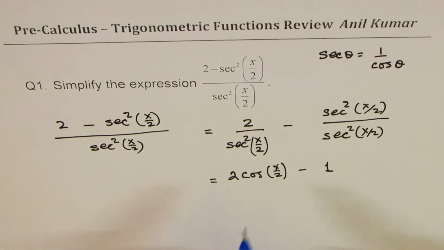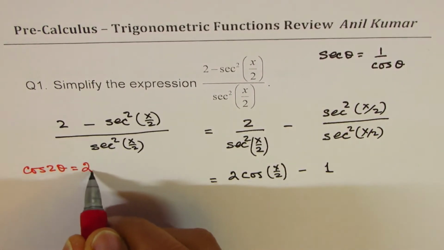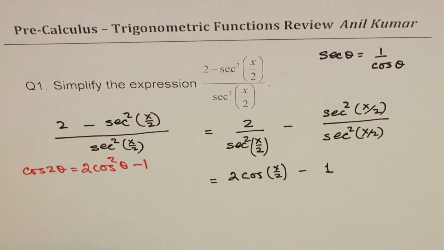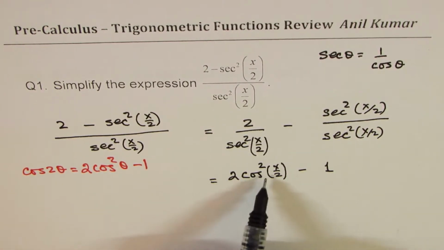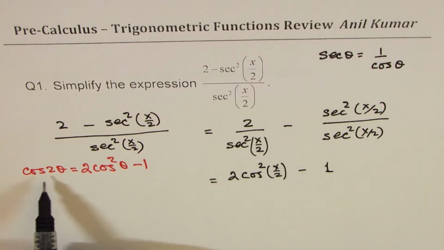I hope you remember the formula of cos 2 theta. So let me write down the formula for cos 2 theta here, which is cos 2 theta is 2 cos square theta minus 1. I'm sorry, this is square. So it is kind of similar, right? So basically 2 cos square theta minus 1 is cos 2 theta.